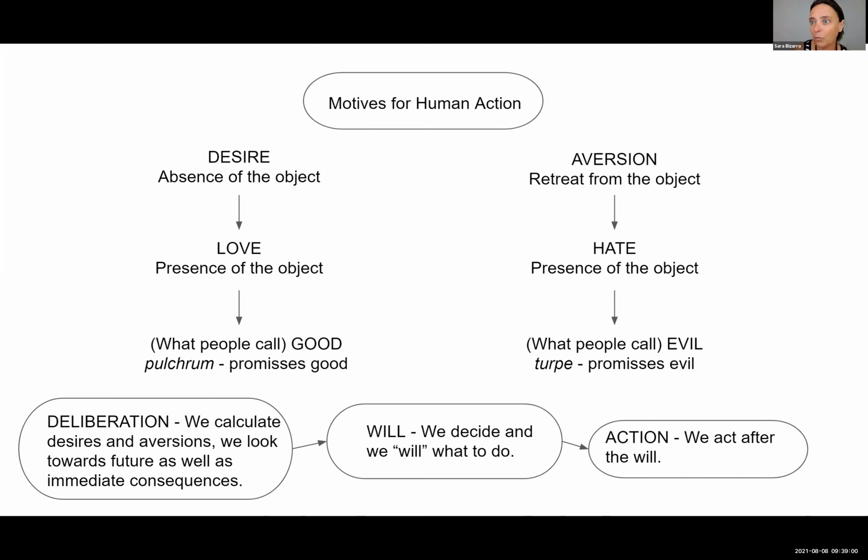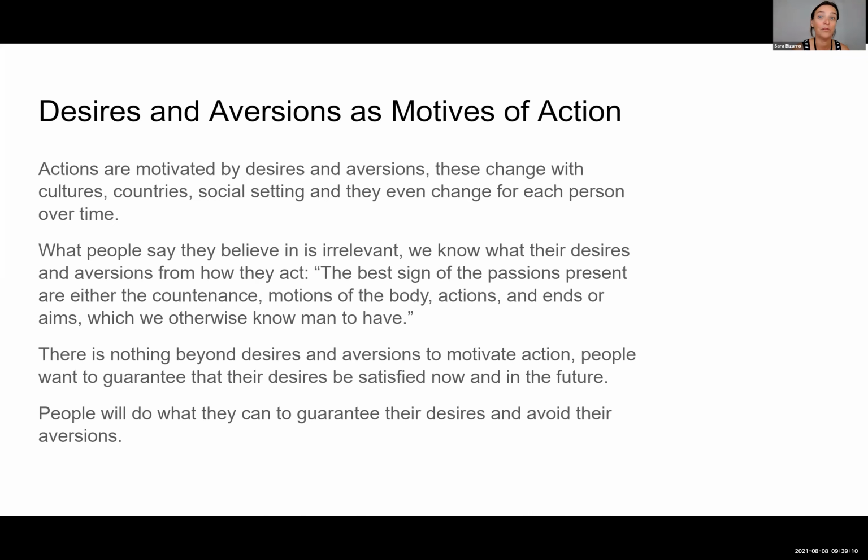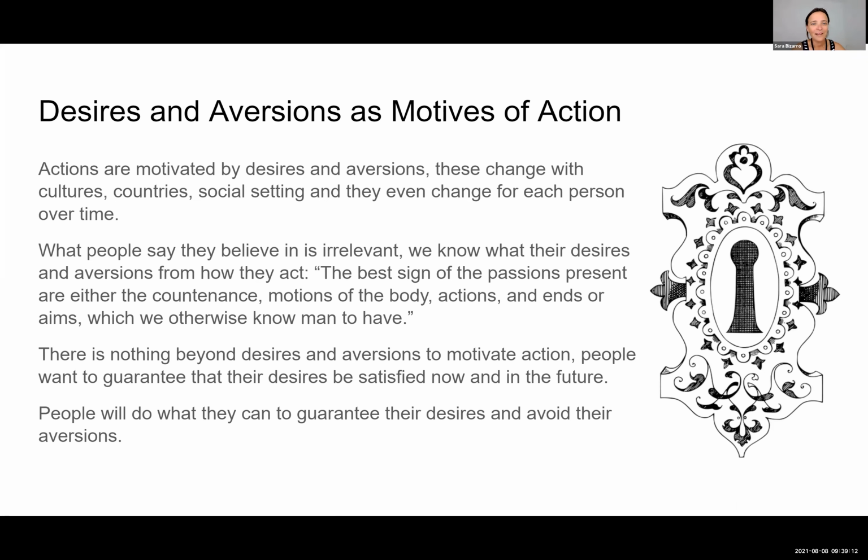But it's not against your will. Everything you do is what you want to do, according to him, because you have these desires and aversions that you want to avoid or pursue. So that's how he thinks people are motivated, and that's how he thinks people act. And like I said, it changes from culture to culture, social setting, and even each person can change.